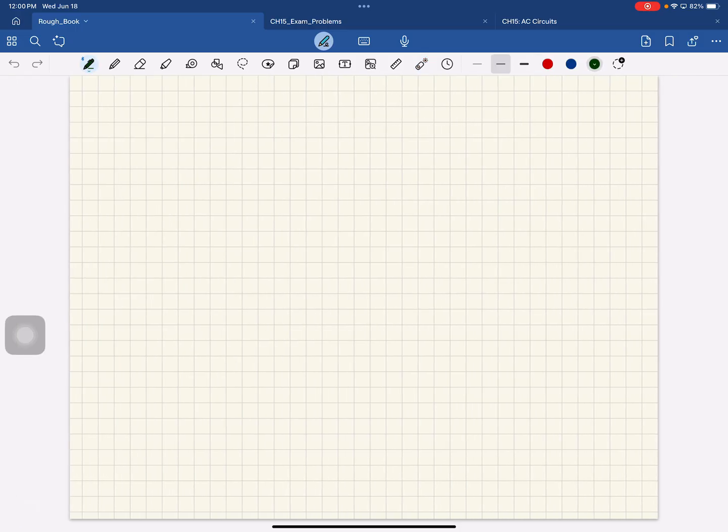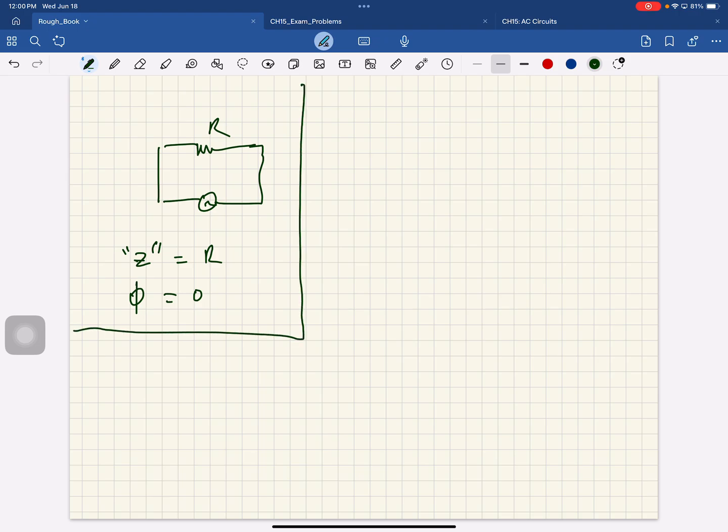All right, so what have we done so far? We've connected an AC source. We've connected a resistor to this AC source. Z was equal to R and phi was 0. Those were the two things we wanted to find. Now we're going to do the next thing.